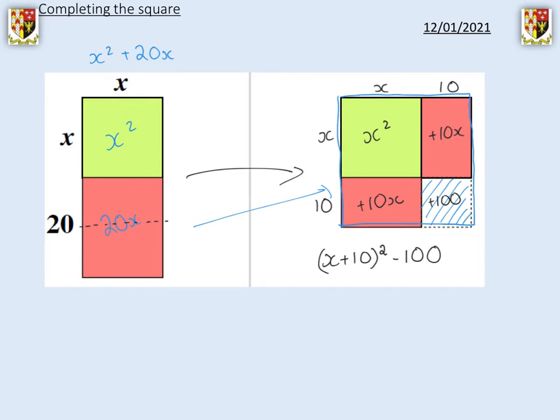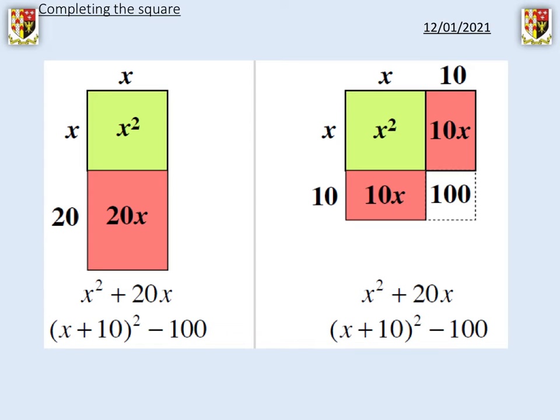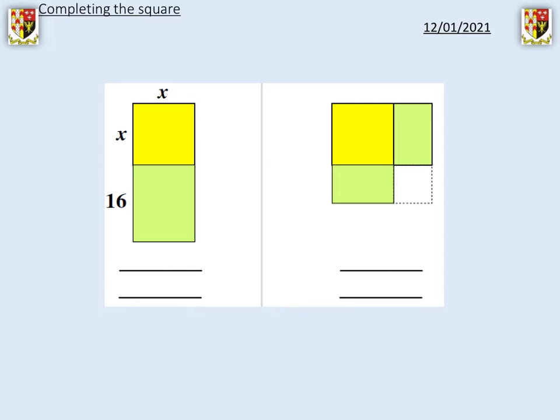We'll just do one more example of it. So let's do it on this one here. So we've got x squared plus 16x, and obviously x times x is x squared, x times 16 just gives you 16x there. So I could write that as x squared plus 16x.